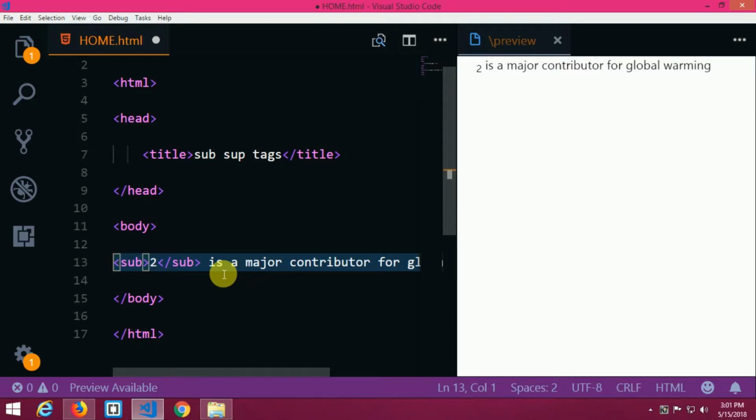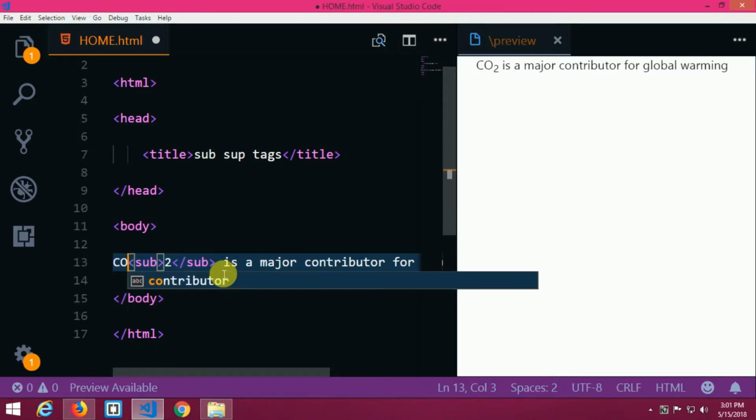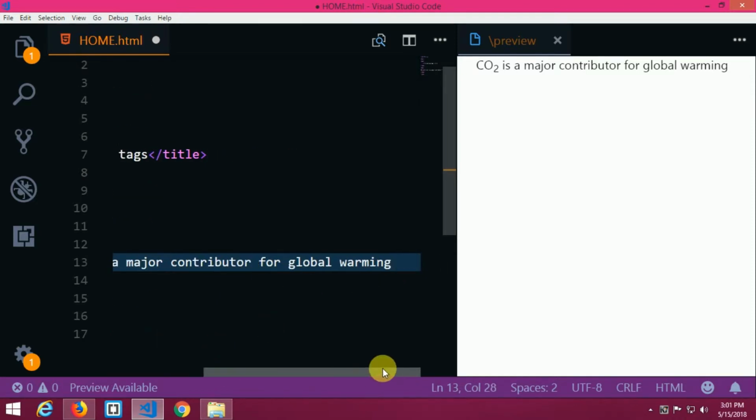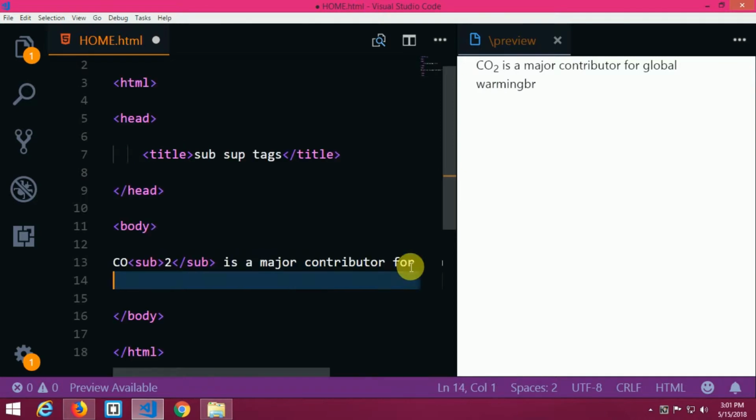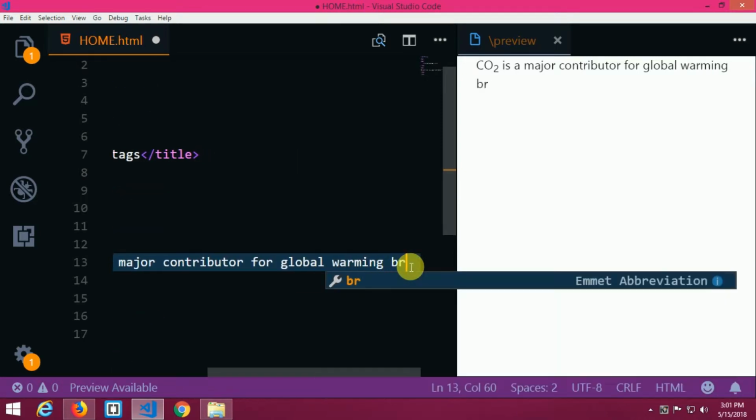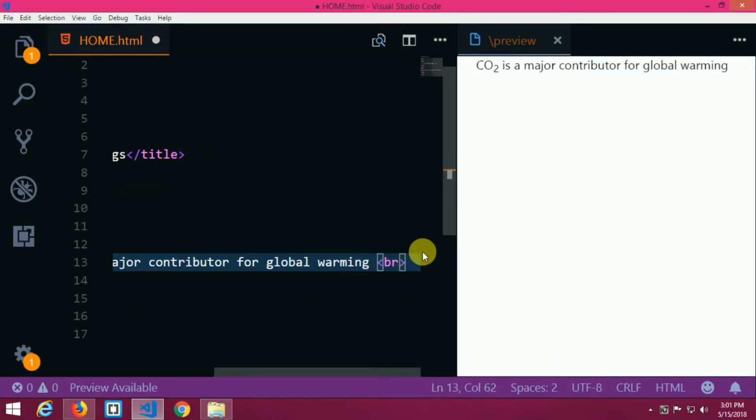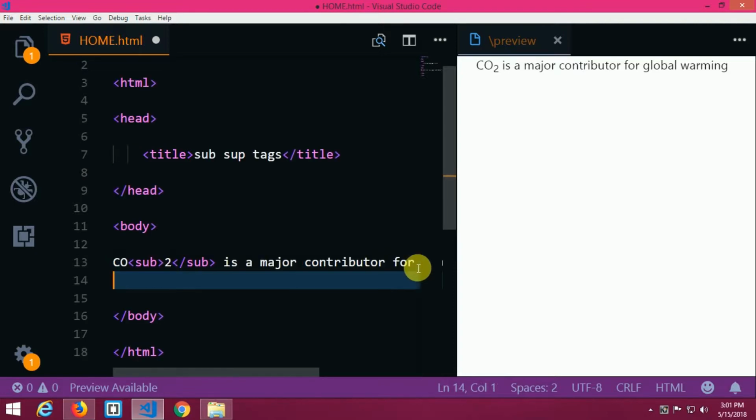So here we have finished CO2, and at this time I want to introduce another tag. It does not have a closing tag. This is called the BR tag. The BR tag is just like the paragraph tag, but it leaves lots of spaces between. If I type anything here, you could see that it comes in the next line.